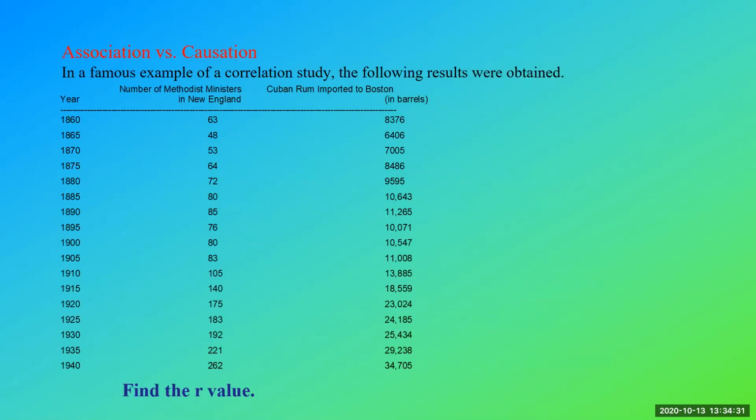So let's look at a real world example here. Here we have some real data on a famous example of a correlation study. We have different years, and for each year, the number of Methodist ministers in New England at the time, and the barrels of rum that were imported to Boston for each year.